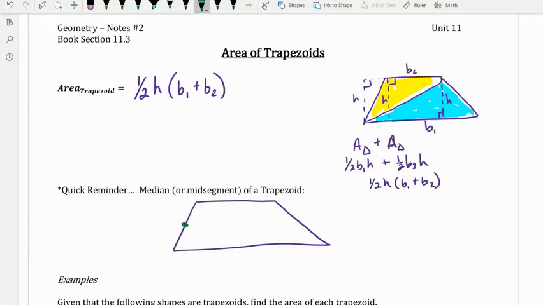If I take the midpoint of that leg and the midpoint of that leg and I connect those two together, that is the median of the trapezoid. And to find the length of the median, we do the average of the two bases. So it'd be 1/2 base 1 plus base 2. It's just kind of a reminder there of how to find the median of a trapezoid, because you'll see those in a couple problems coming up.